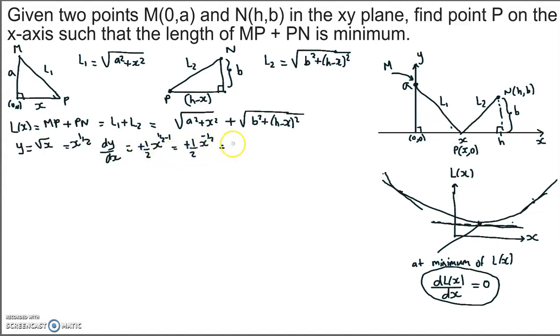So that equals 1 over 2 square root of x. So the derivative of square root of x is 1 over 2 square root of x.